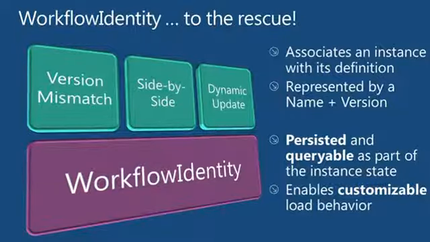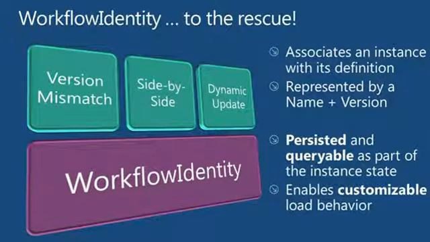2.0. This is persisted. So we've actually modified the schemas that we have for SQL Workflow Instance Store to incorporate this new piece of data. So we've added to the schema. And we've made it such that you can then go query based on the version. So you can actually go look up and say, how many v2.0 instances do I have running?